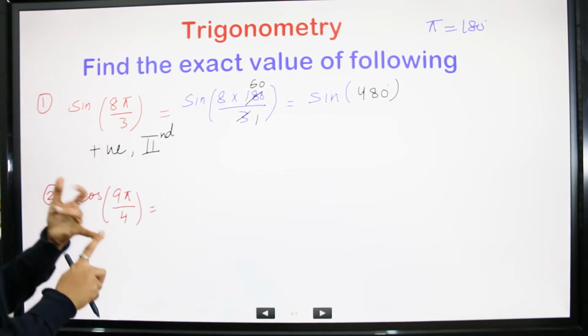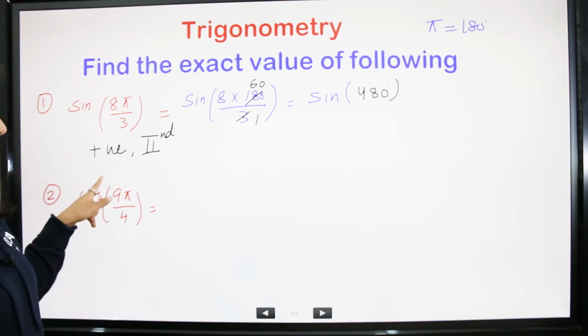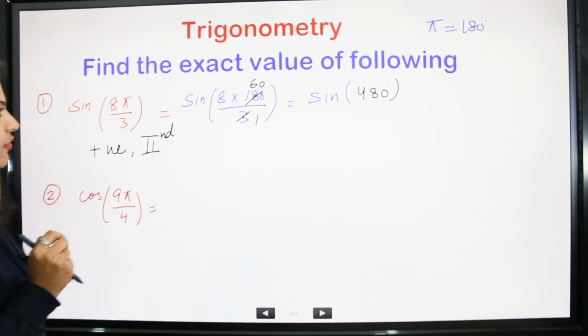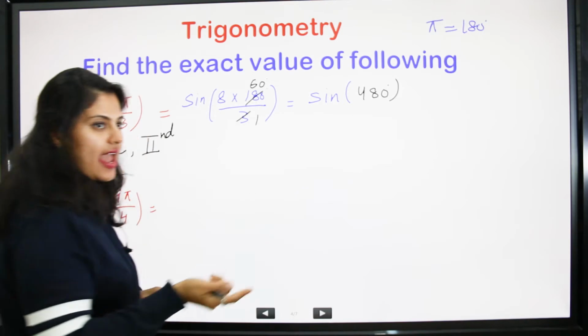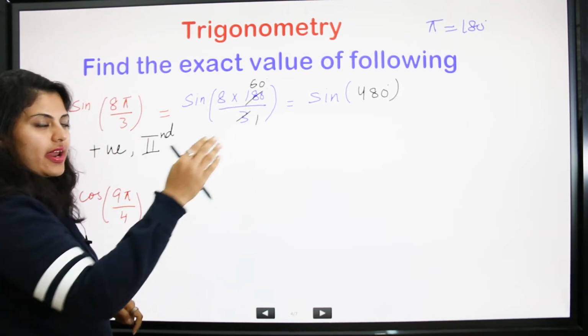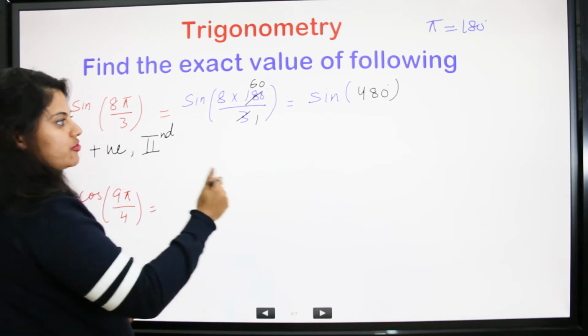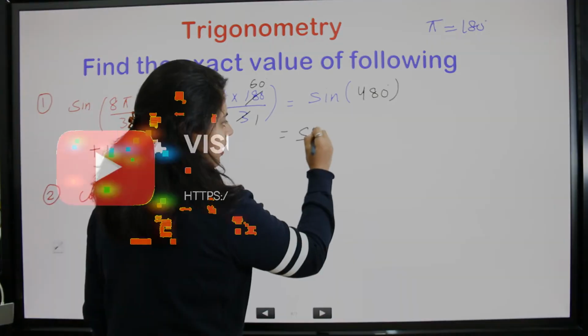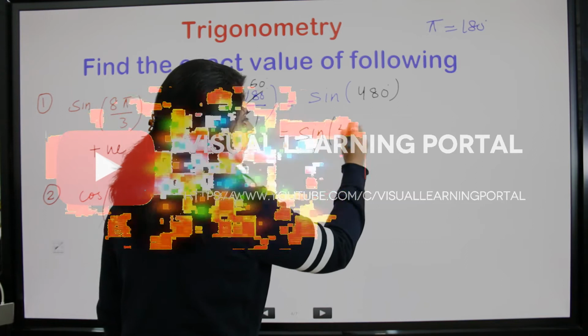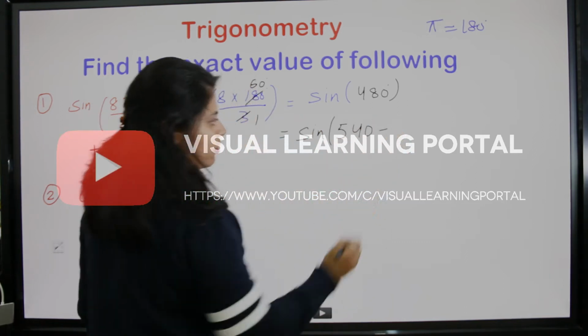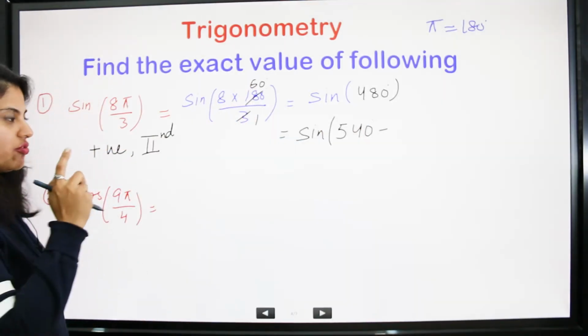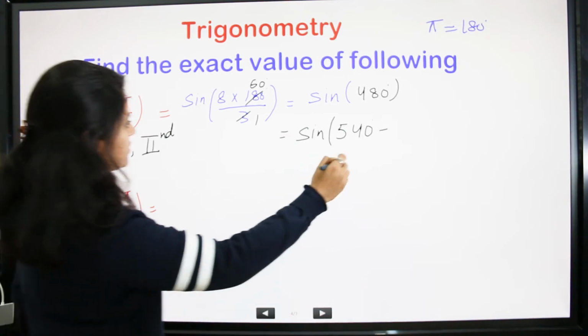So we got two things: second quadrant and the sign is positive. The angle is 480 degree, and you need to make a linear angle to the quadrant, which comes to 540 degree. Taking away 480 from 540, you will get the value 60 degree.